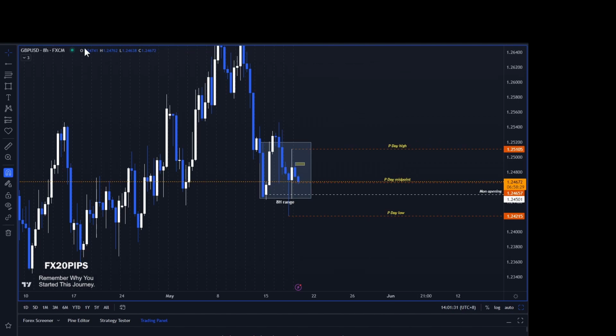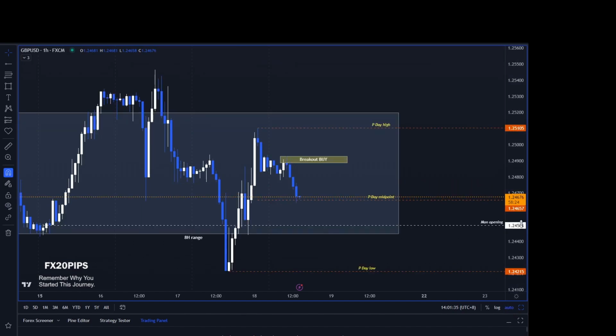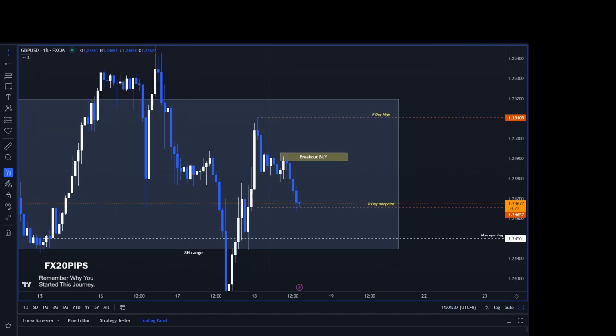Now going back to the 1 hour, let's see if we can look for any sell zone. So we are still at the 1 hour. Now this is the lowest level, this candle currently, at the Asia session.